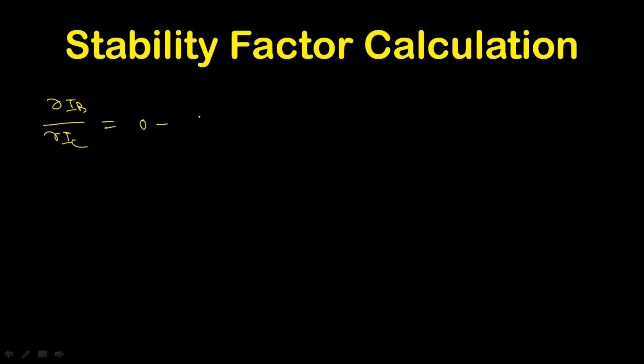So del IC by del IC will give 1. So RE by RTH plus RE. So this is the result we are getting.